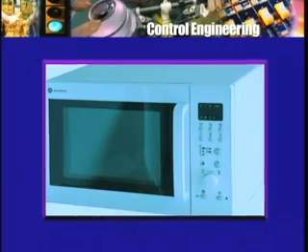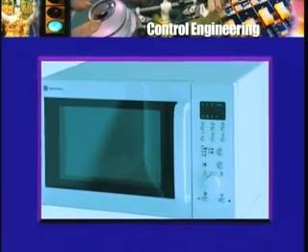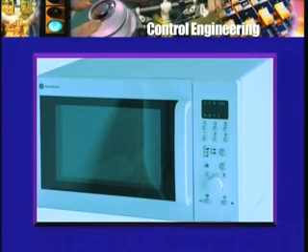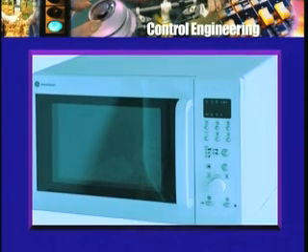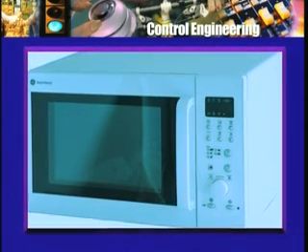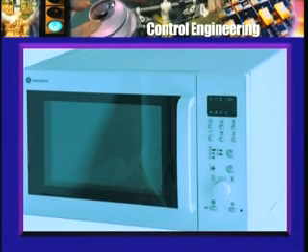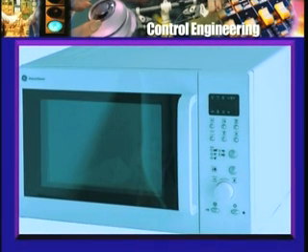Or it could be a microwave oven, or a microwave range as it is called, where once again one may set not only temperature, but one also sets the time for which you want the action to take place. You may want the microwave range to be on for 1 minute, or 2 minutes, or 10 minutes. You may want it at full power or at reduced power, and so on.